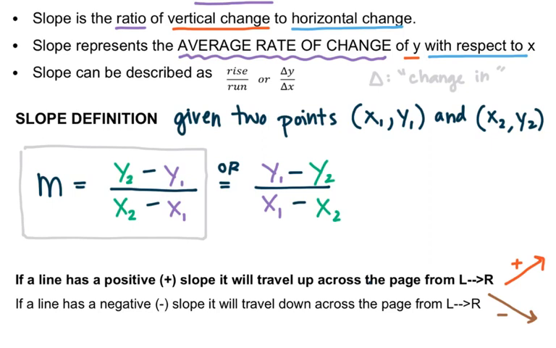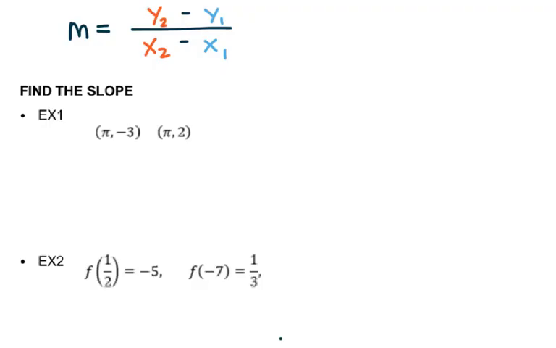So the first thing we're going to talk about here is just actually finding the slope given 2 points, and then also identifying slope from some linear function. So let's look at 2 examples of finding the slope. Our first example, we're given two ordered pairs, pi, -3, and pi, 2. And we're going to use the definition of slope that we just wrote out on the previous slide.